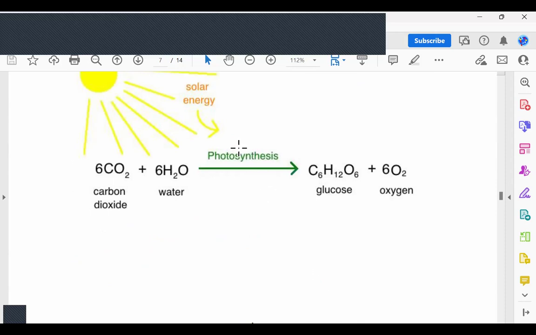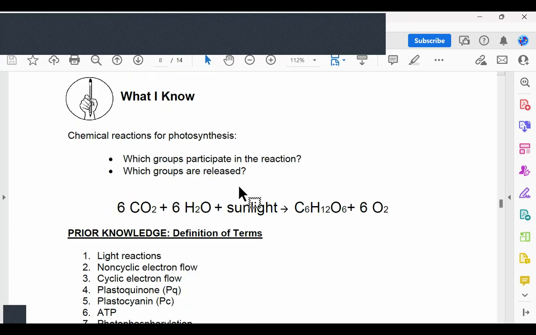We are going to follow this one, placing photosynthesis and sunlight under the arrow because they are not part of the raw material and the product. They are just agents to make this happen, through photosynthesis with the use of sunlight. I hope that's taken.